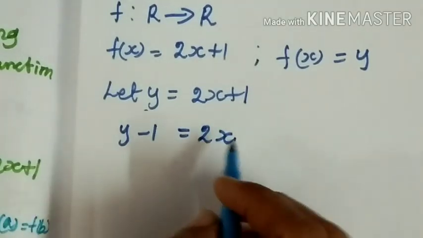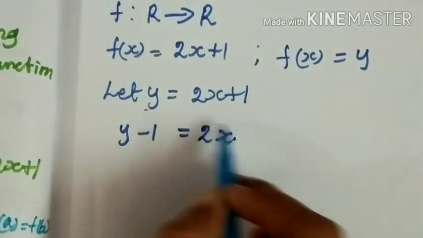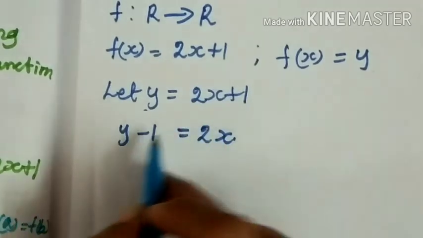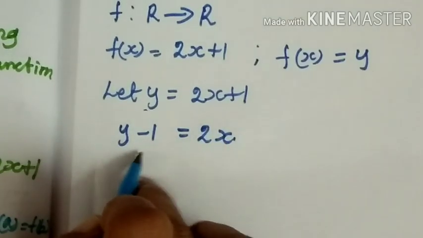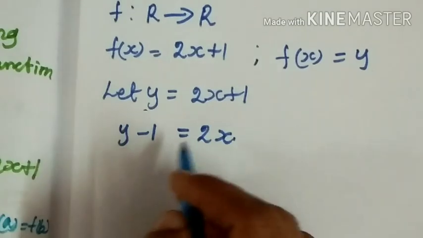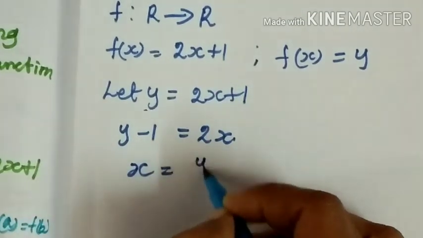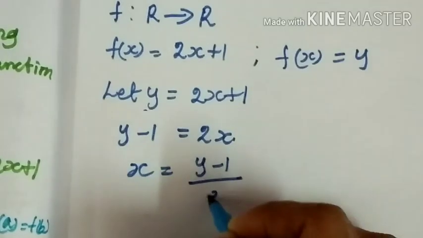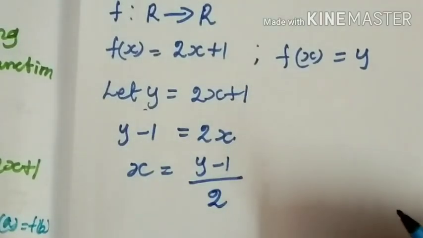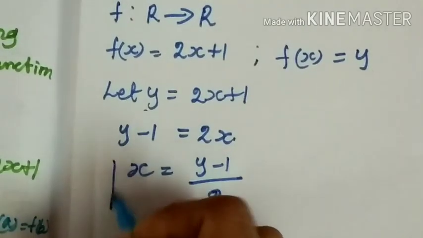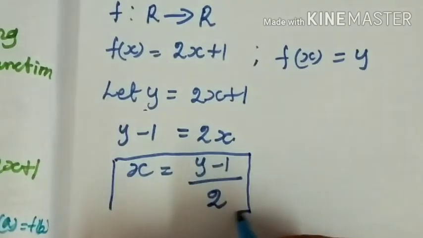Therefore 2 is in multiplication form. It comes before equal, which means it becomes divide. That is x equal to y minus 1 by 2. Now we get the x term.